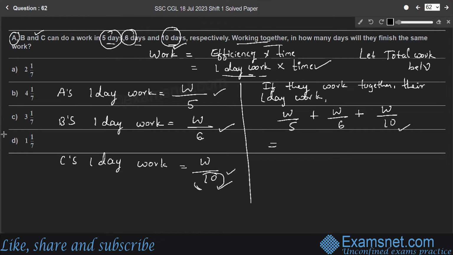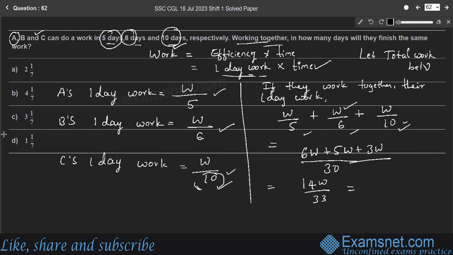So it is their one day work if they work together. Here, what is the LCM? 30 is the LCM, right? It is divisible by all three numbers. So 5 into 6, numerator becomes 6W. 6 into 5 is 30, therefore numerator becomes 5W. And 10 into 3 is 30, so numerator becomes 3W. Therefore, their one day work is 6 plus 5 plus 3, 14W by 30.